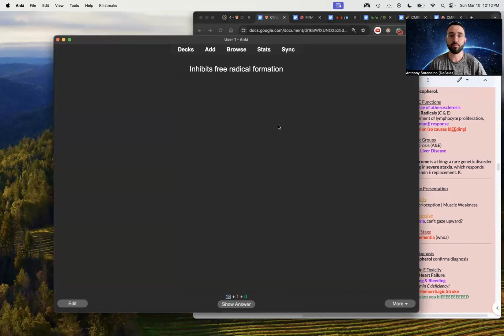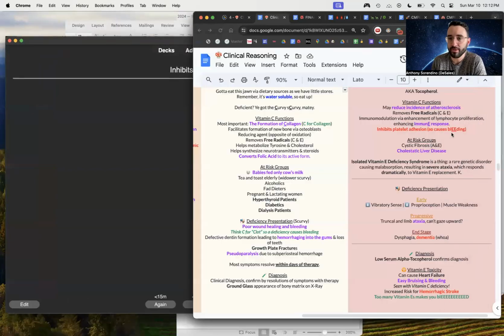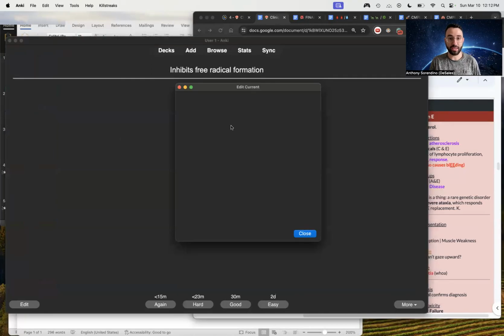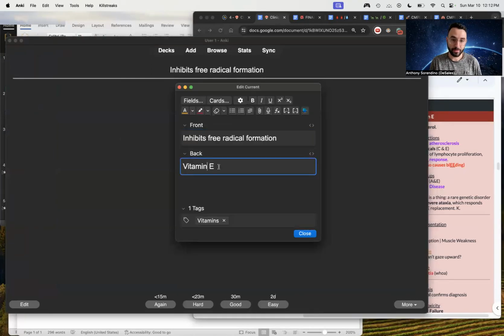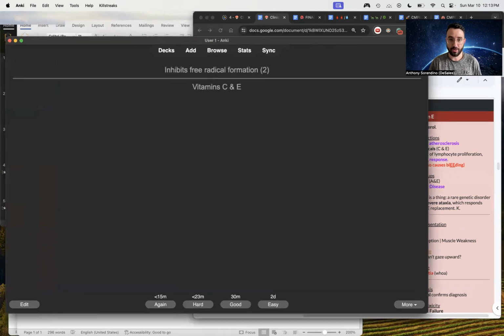Inhibits free radical formation. I think this is C and E, but I'm going to go E on this one because C may reduce, yeah, for most free radicals. C and E both do that. So I'm going to say, I'm going to make an edit there.